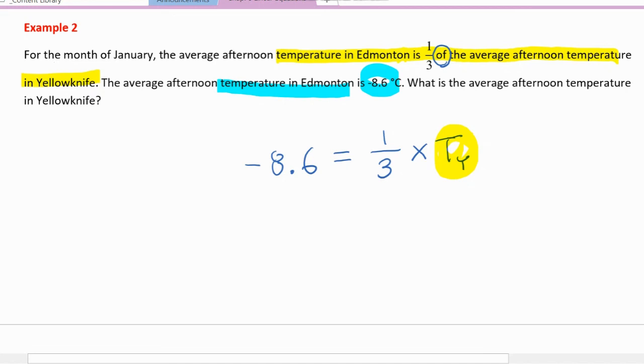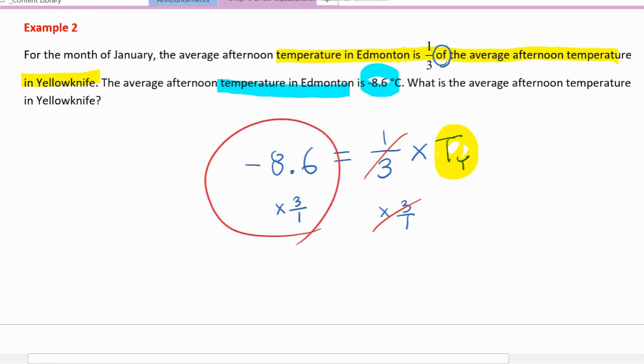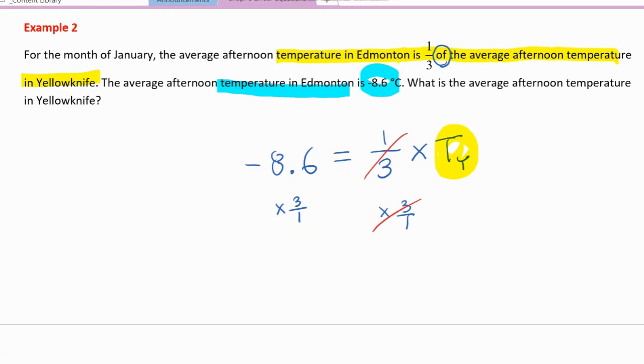To do that, divide by 1/3, which is the same as multiplying by 3/1. Remember the keep, change, flip method. So we multiply by 3/1, this will be gone, and we just need to calculate this.